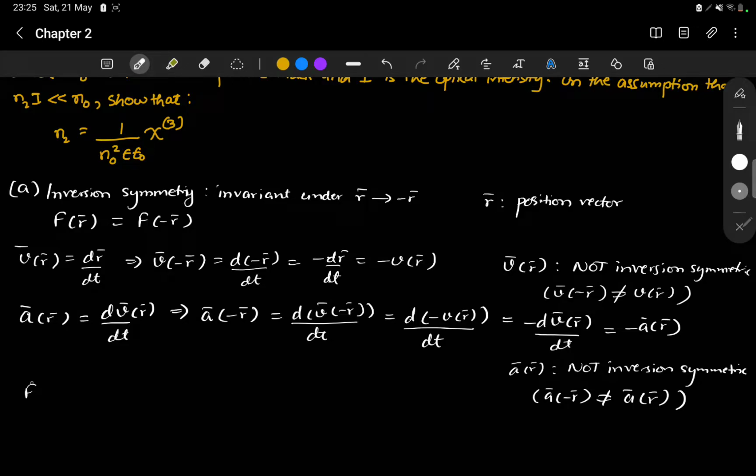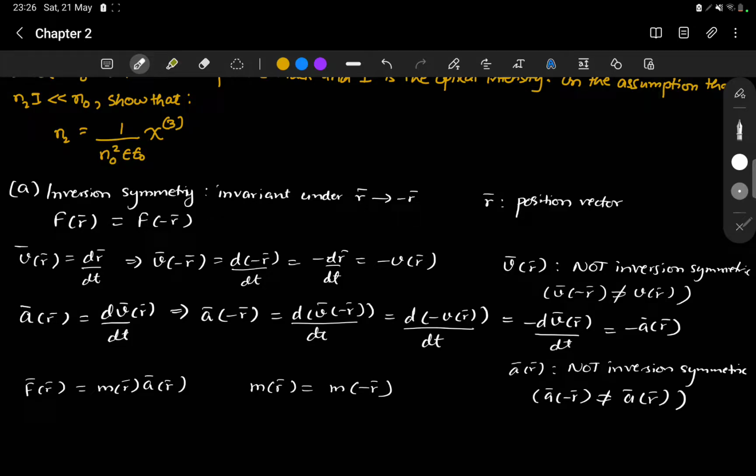Now what is force? Force is mass times acceleration. Now mass is invariant under inversion, so mass is the same wherever it is present.